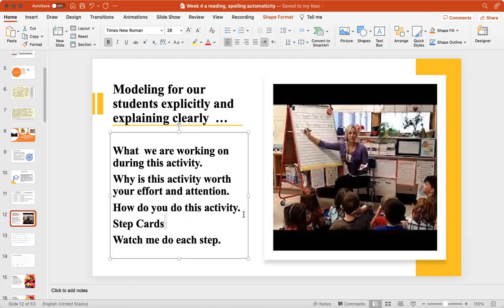If I were writing a step card for reading a word, I would say: look at the word from the beginning to the end and know that every letter must have some relationship to sound.